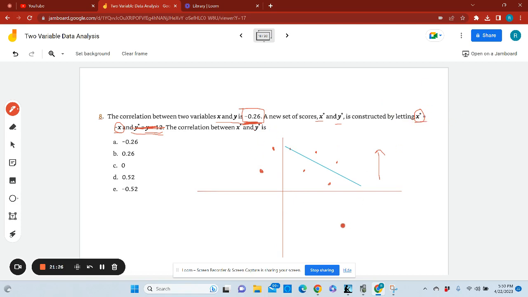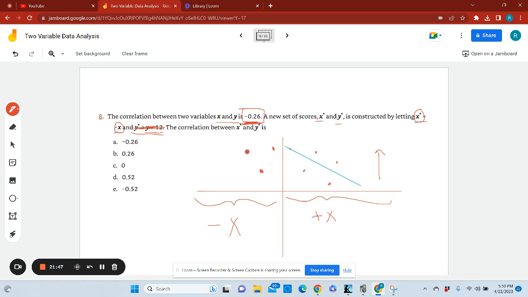X star equals negative x. This is where all your positive x values are, and this is where all your negative x values are. So if they're telling you we're going to transform this by letting x star equal negative x, we're flipping all these points over the y-axis.